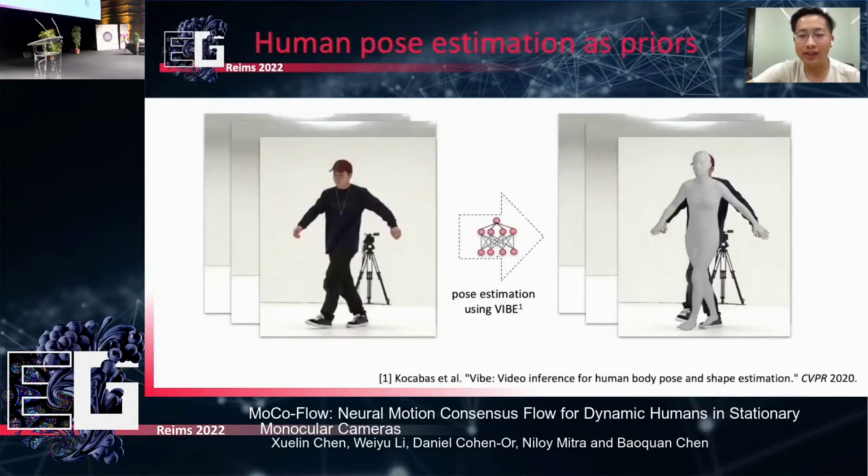We exploit the simple mesh per frame extracted by VIBE as a prior, which can serve as a good initial guess for the optimization, but apparently contains errors regarding the geometry, location, and motion. See the simple estimation on the right.